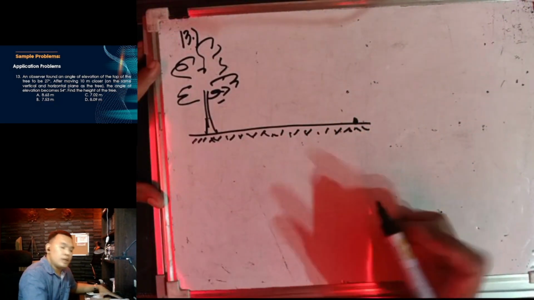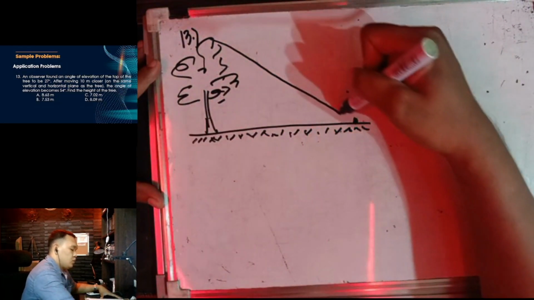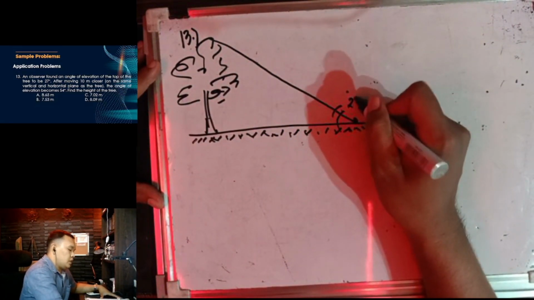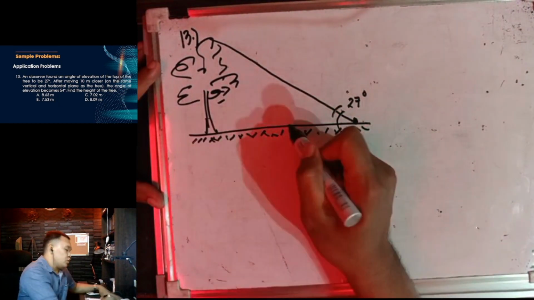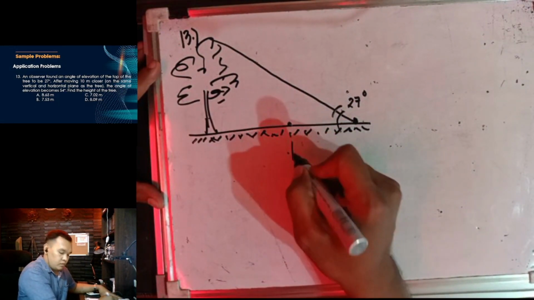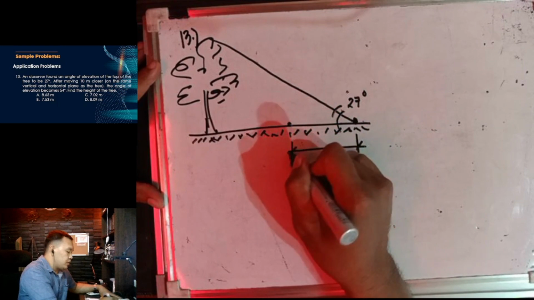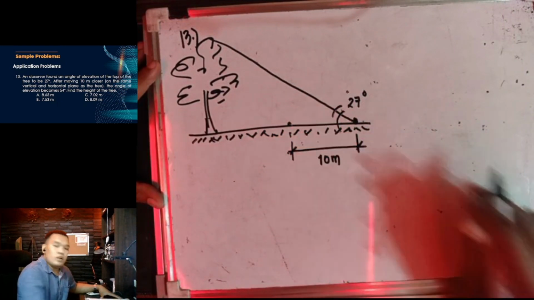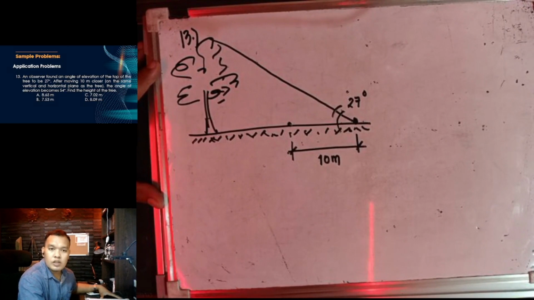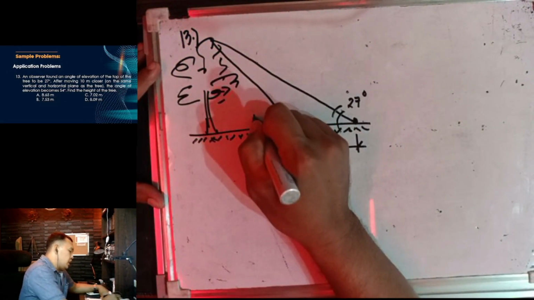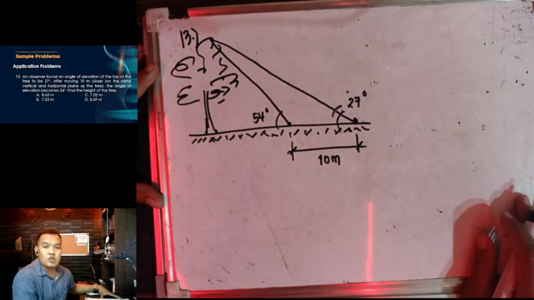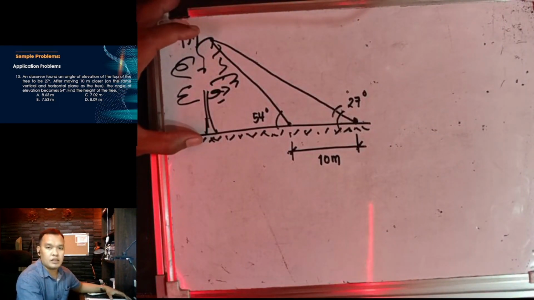From his position, this one to this one is 27 degrees. Then, he moved a little closer to the tree, let's say by 10 meters, and the angle of elevation changed into 54 degrees. Okay? So this became the 54 degrees angle of elevation. Okay. So, what we need to find is the height of the tree, which is this part here.